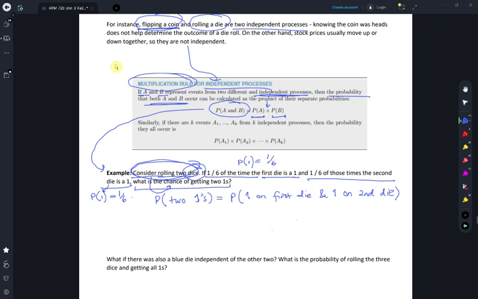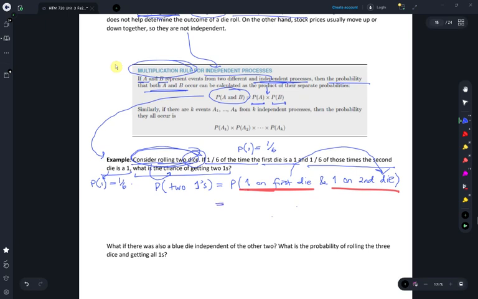In this case, we have two events: the event that 1 shows up on the first die and the event that 1 also shows up on the second die. These events are independent. What you get on the first die does not dictate what you get on the second die. Because they are independent, we can use the multiplication rule.